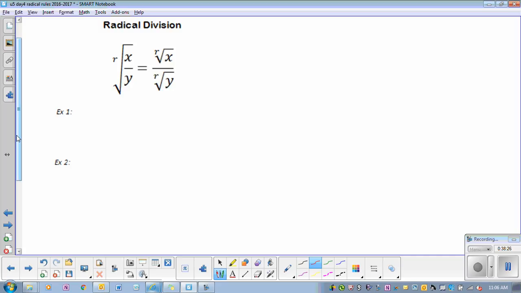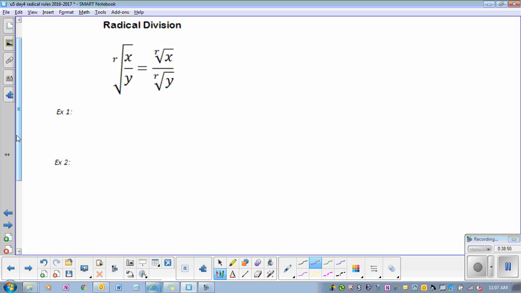All right, so the division rule, basically what it says is, if you have a big radical and you have a fraction inside, it's the same as splitting up that radical and saying x on top gets its own small radical, and the y on the bottom gets its own small radical. So you could write it either way.